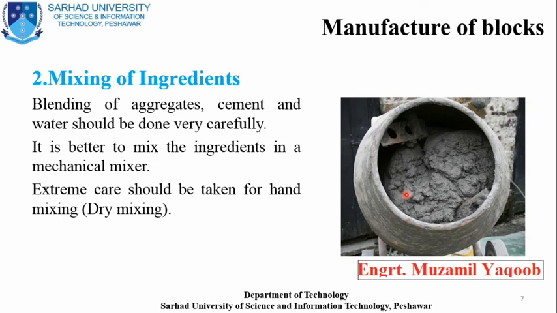So keep in mind the quantity of water, which should be according to the standards provided by ACI, American Concrete Institute. Because if the water limit exceeds the standards, it will put a negative impact on the concrete and on its strength as well.